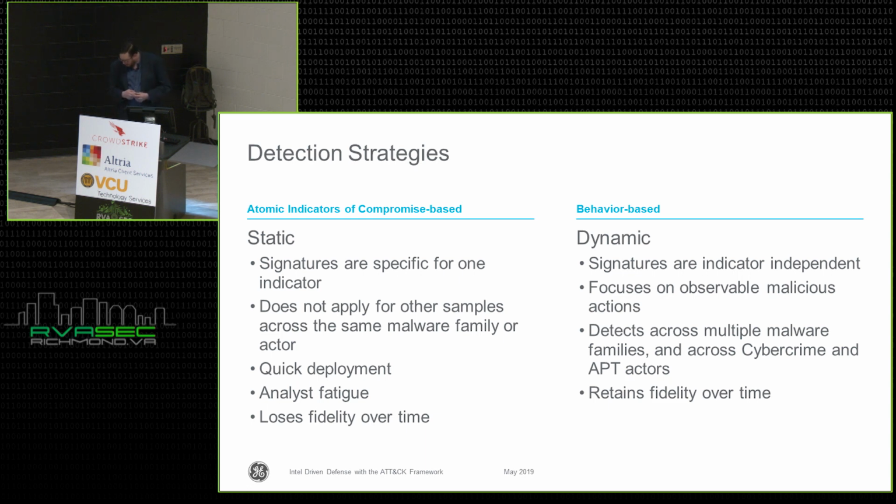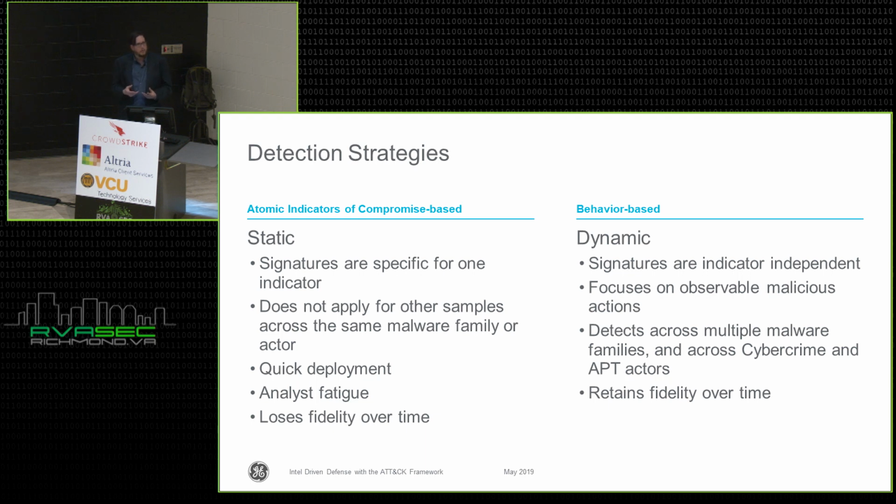And these indicators, these signatures, are reactive. They're only able to detect what was already seen. So for example, with an Emotet campaign, a bank Trojan, you're going to have a hash, a URI, a domain. You can write detection signatures based on these indicators.